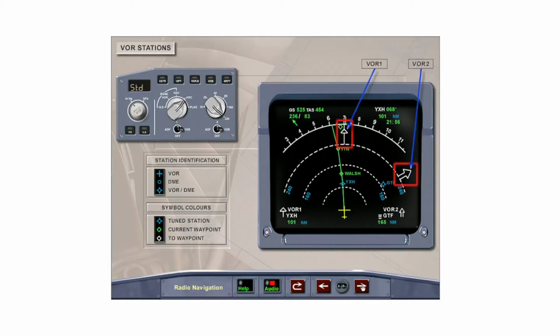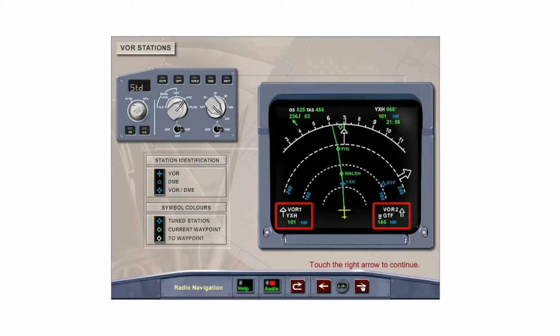The VOR 1 bearing pointer is represented by a white single line pointer, and the VOR 2 bearing pointer is represented as a double line pointer. When displayed in the ARC mode, VOR station information is displayed in the bottom corners of the navigation display.